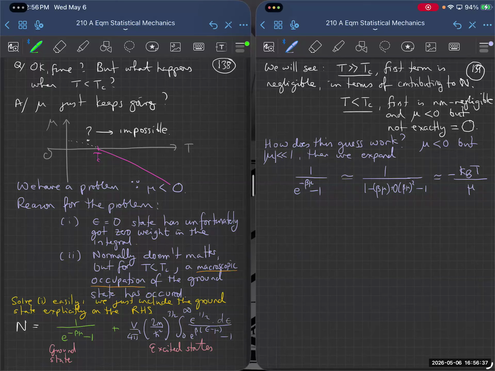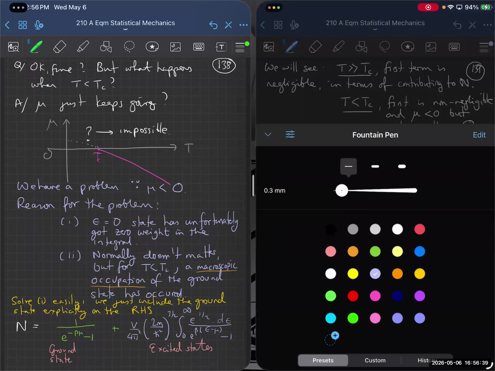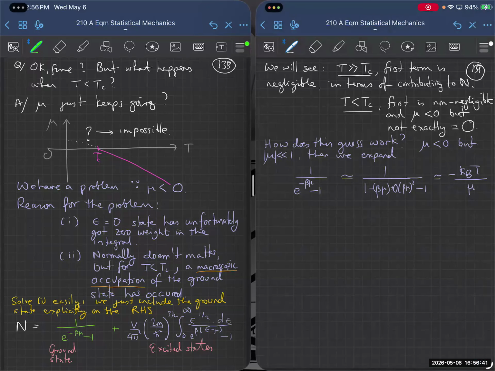This quantity on the left-hand side is the number of particles in the ground state, and I'm going to call that N0, and I'm going to call this N epsilon for excited states. So this is the number of particles in the ground state, and that goes like this.